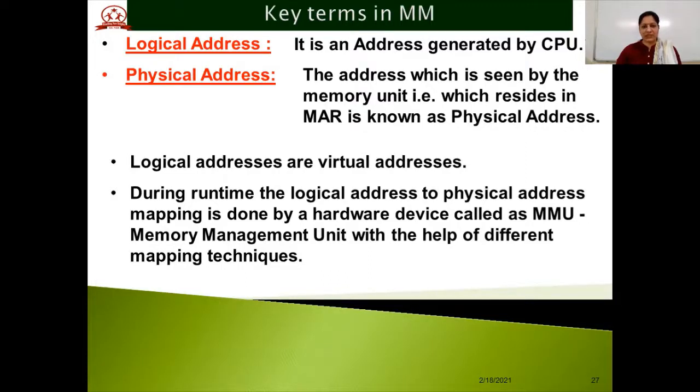The memory management unit will try to map those logical addresses to the actual physical memory available at that moment of time. And then the process will be loaded into main memory and the CPU will execute it. So that is the basic need of logical addresses and physical addresses. But as I said, today we are only discussing the key terms. The usage of these two addresses we are going to discuss in further video lectures as well.